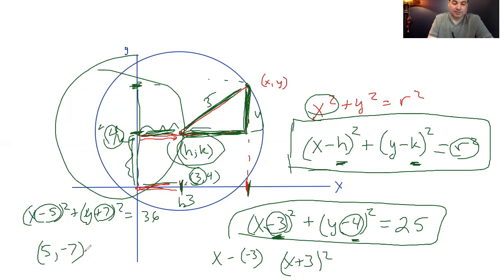That would be the center. And the radius would be the square root of that, because remember it's r squared in your equation. So the radius would be 6 in that case.